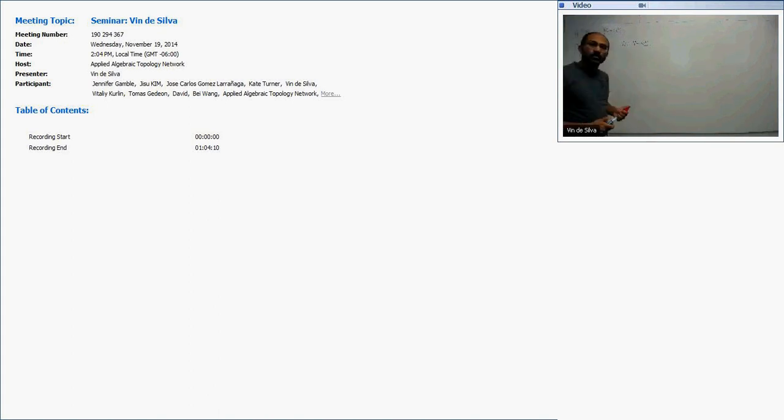Maybe there are other things we can do. Let's define two closed maps from P to P, gamma and kappa, that respect the poset structure.